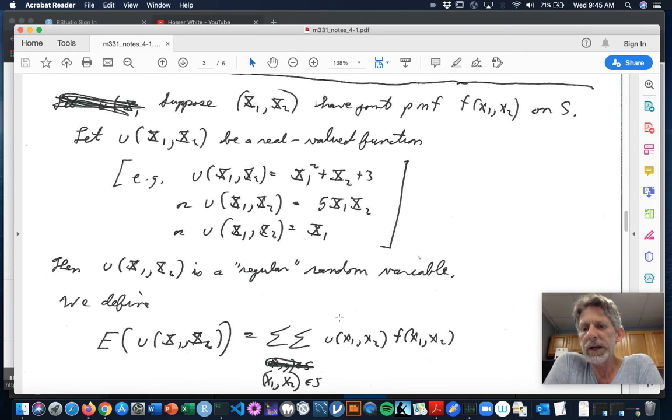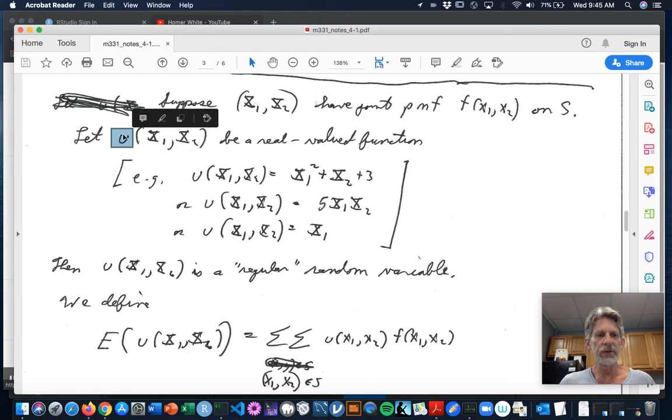All right. What about expected values, mathematical expectations for bivariate random variables? Well, let's go ahead and do a lot at once. So let's give ourselves a bivariate random variable with some joint PMF, little f, on some sample space S, some discrete subset of the xy plane. And let's consider some real valued function of two variables and look at the function u of x1, x2.